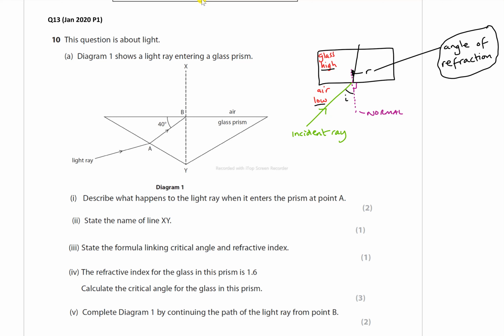Right, so remember when you go from low to high, the ray of light bends towards the normal.